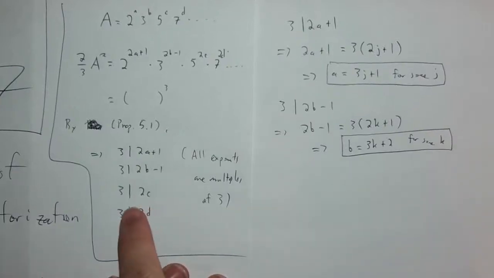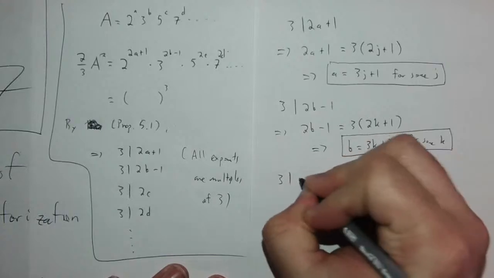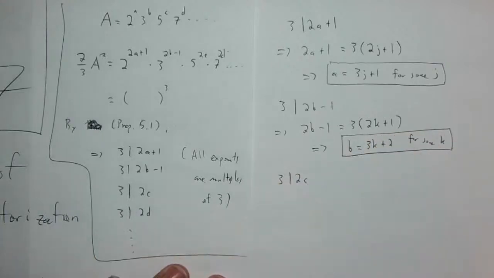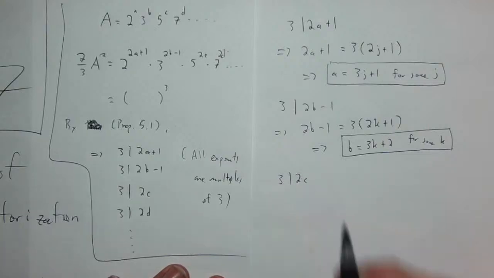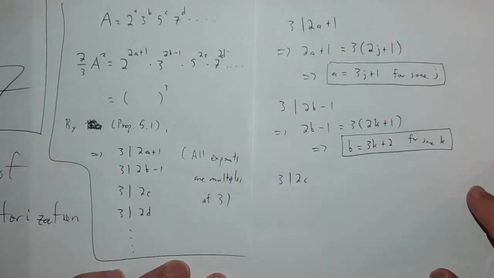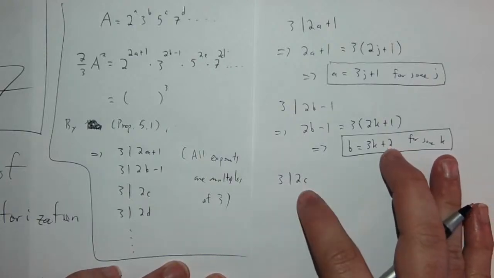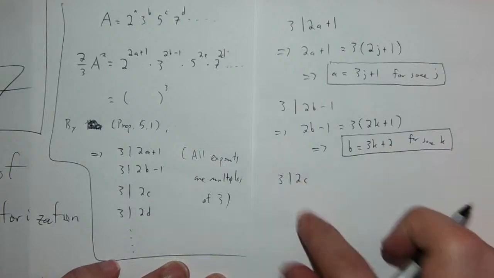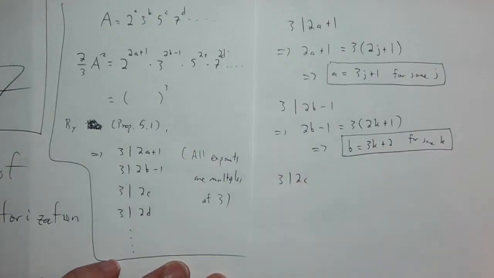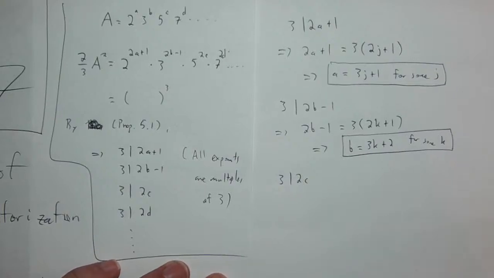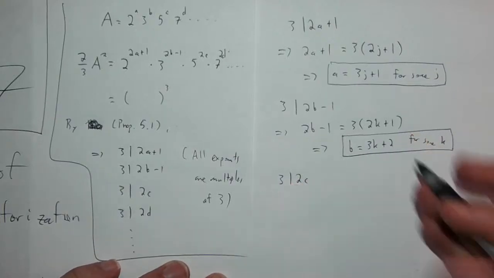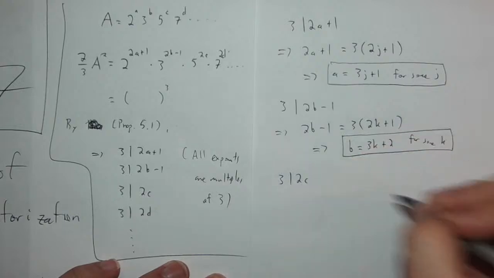And just continuing to go down the list here. So 3 divides 2c. What does that mean? Well, this is an even number, but the idea here is I want to use this proposition that I had coming from chapter 2, that I know something about 3 and 2, and that's that their GCD is 1.